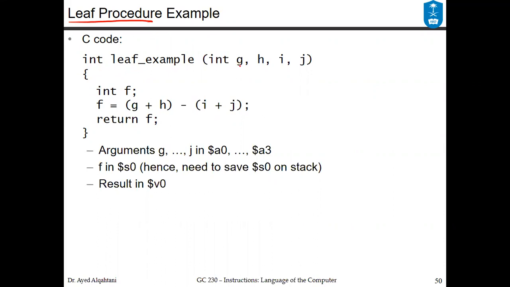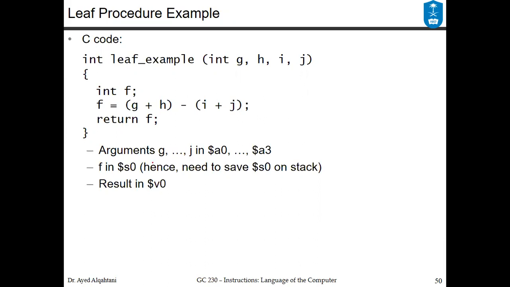It has those arguments G, H, I, and J, and it defines the variable F, and then executes these statements, and after this it returns F. Notice that there is no call inside the leaf example, and this is actually what makes it a leaf function.